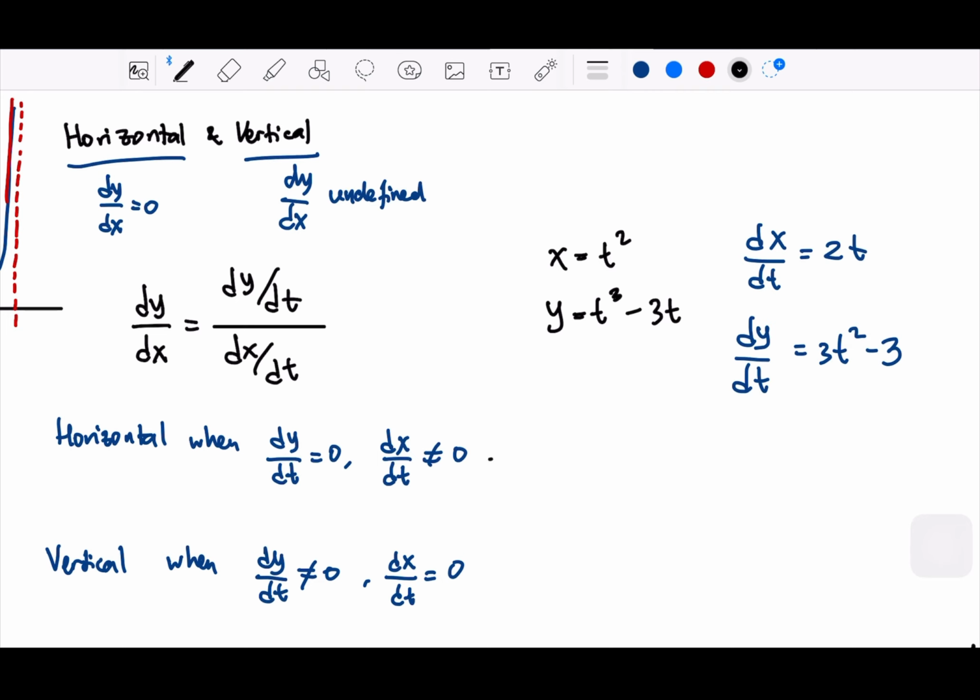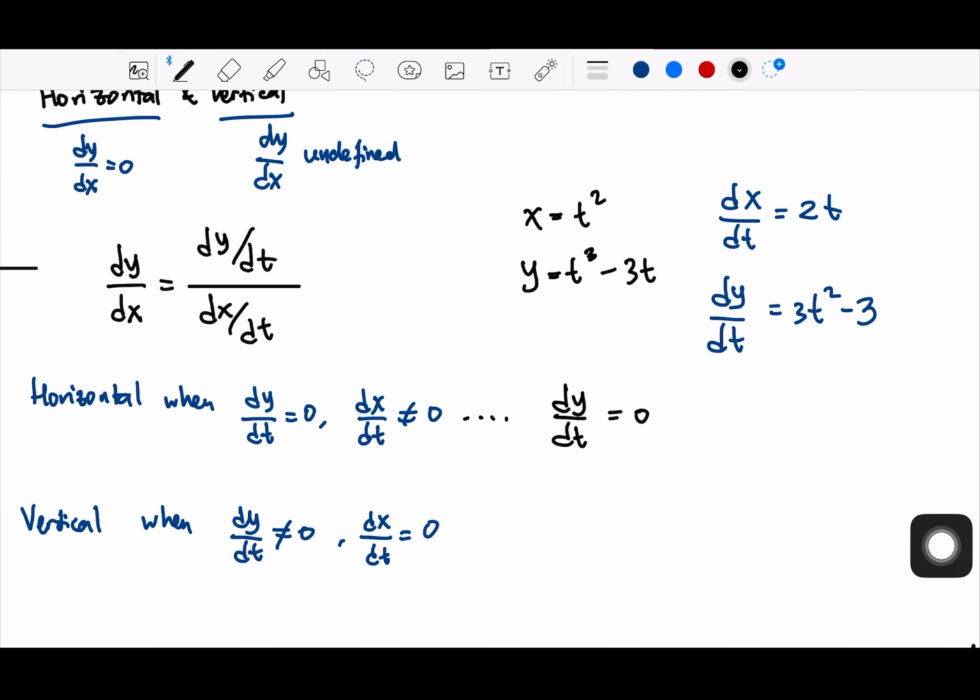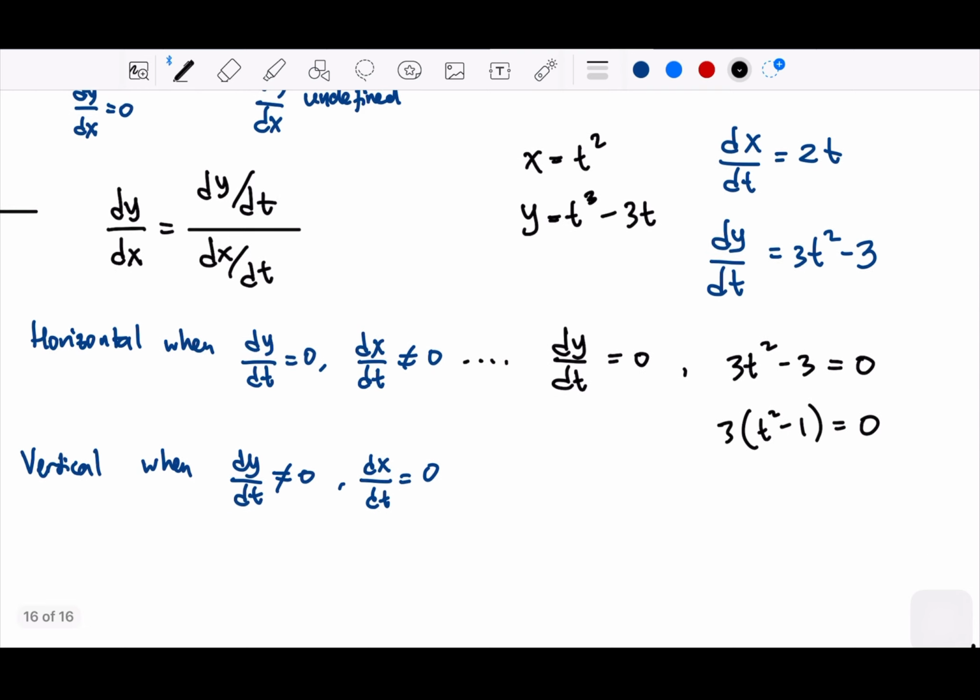So for horizontal, we start with dy/dt equal to 0. Then 3t squared minus 3 is equal to 0, so t squared equals 1, or t is plus or minus 1.